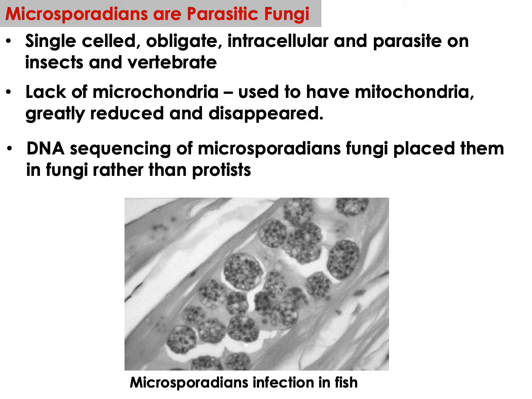This is a photo of a Microsporidian infection in fish. They are single-cell obligate intracellular animal parasites, most often seen in insects but also found in vertebrates such as fish, rabbits and humans.